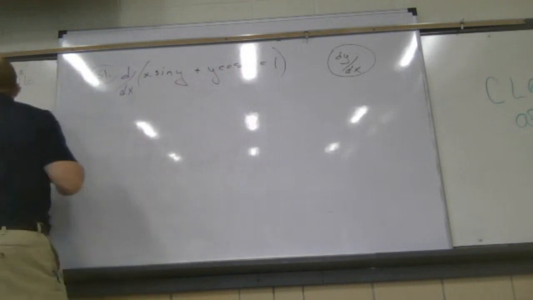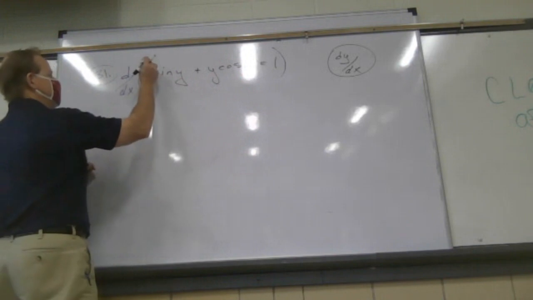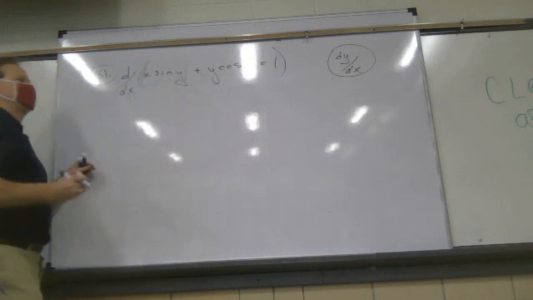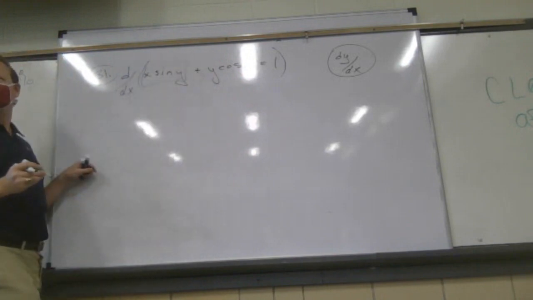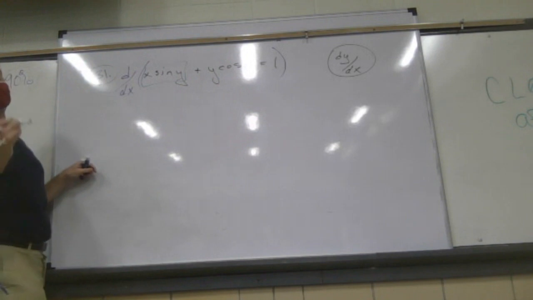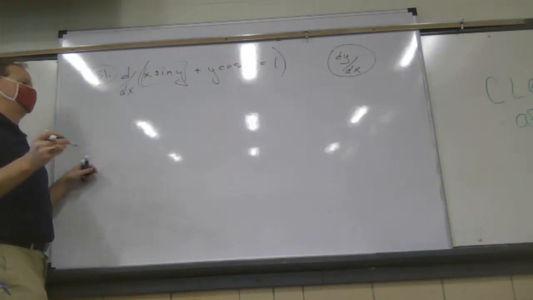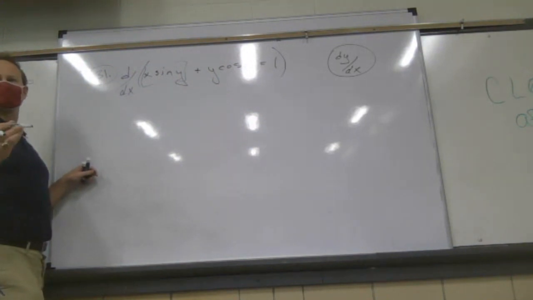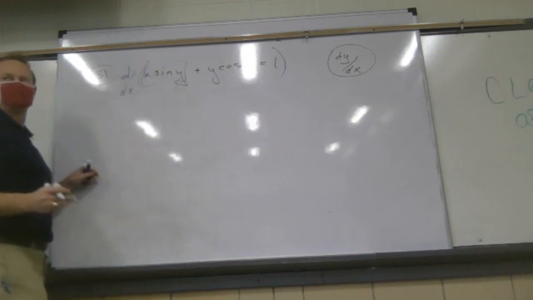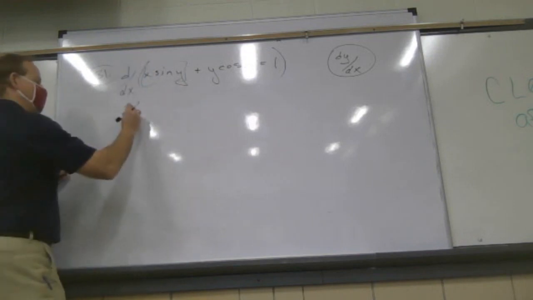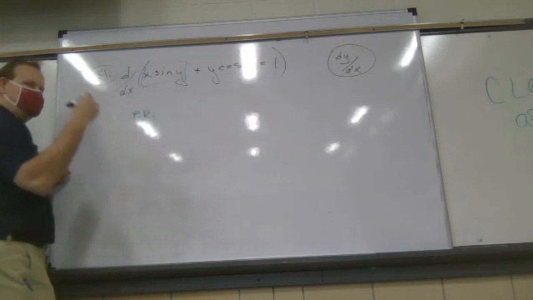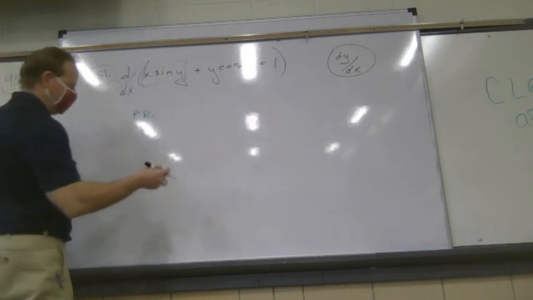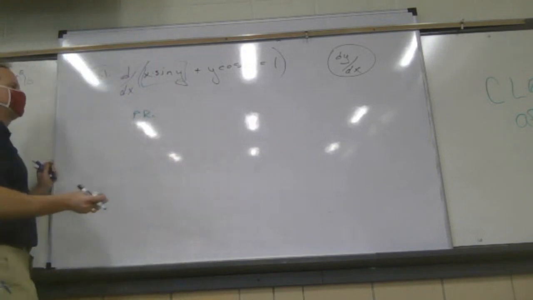What rule do I have to use? Chain rule. Well, I do, but before that, the product rule. It's a product. It's x times sine y. So I have to use the product rule, which will end up including the chain rule, or basically implicit differentiation.